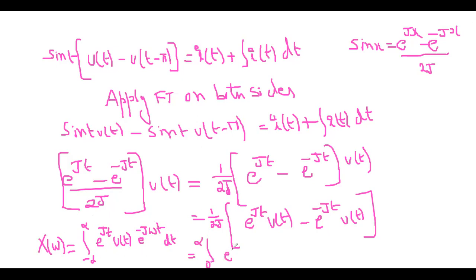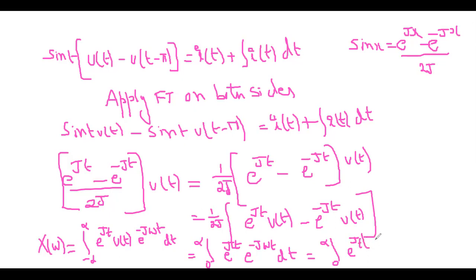e power jt, e power minus j omega t dt. That is equal to the integral from 0 to infinity of e power, the bases are the same, so you can add the powers. Take the common j, and the t is also common, my dear students.